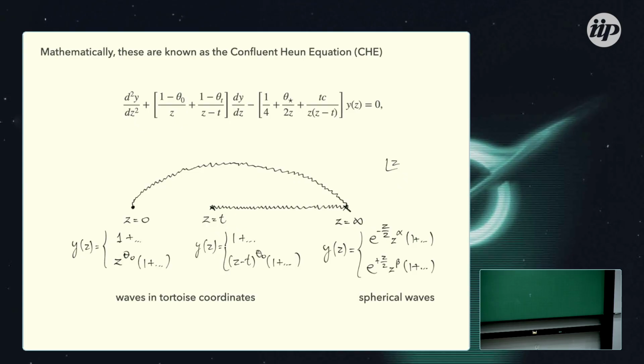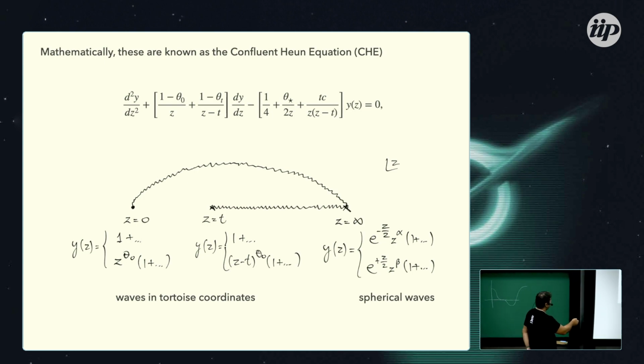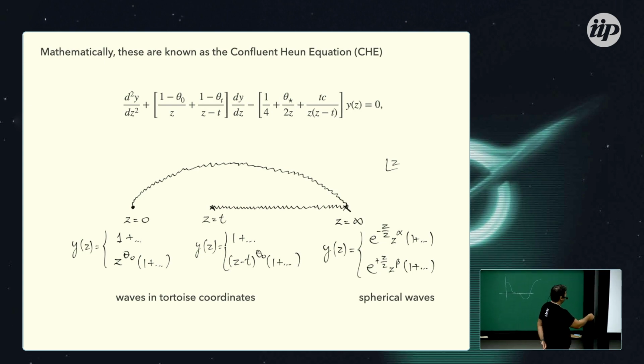And this is actually quite physical if you go past the mathematical blurriness. This means that the wave function near the singular points has some polynomial behavior. And this means that if you write this in terms of the tortoise coordinates, for instance, this will have purely ingoing and purely outgoing waves at the horizons.